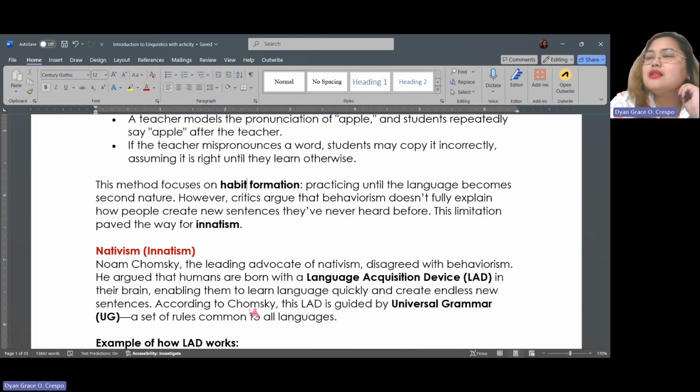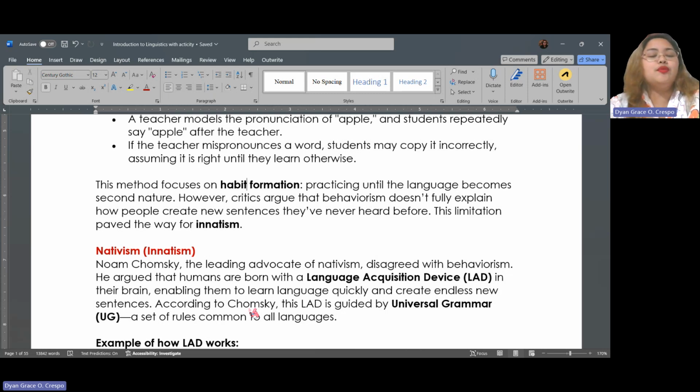And we human beings know how to say I love you in different manners. We can say it in different ways, but Huskies can only say that in one way, because we have different meanings for that. That paved the way for nativism or innatism.